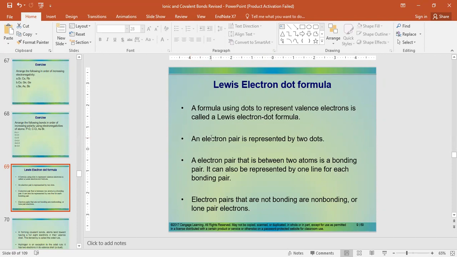And an electron pair is represented by 2 dots. An electron pair that is between 2 atoms is a bonding pair, and it can also be represented by a line for each bonding pair. Now, electron pairs that are not bonded are non-bonding, or we can also call them lone pairs of electrons.